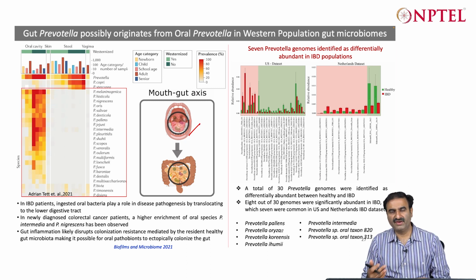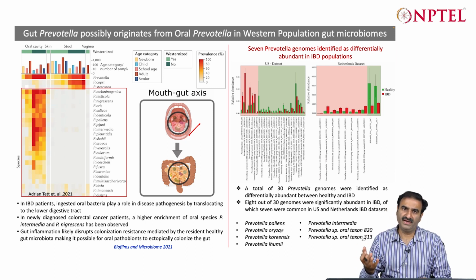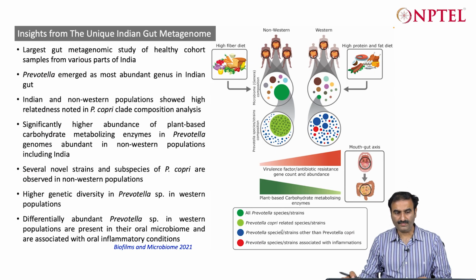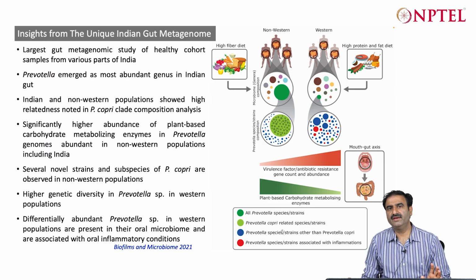And also, people have understood the gut-brain axis crosstalk, that is, how the gut microbiome can influence the brain. Similarly, the mouth microbiome can also influence the gut microbiome. So this kind of study provides evidence and very good insights about how variation in diet can lead to differential gut microbiomes, how that varies in healthy and diseased individuals, and what the role of diet is in changing that microbiome.